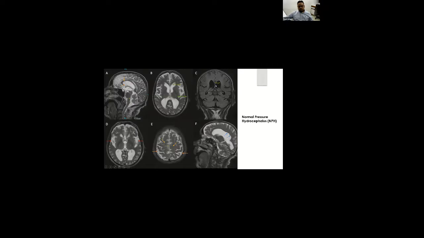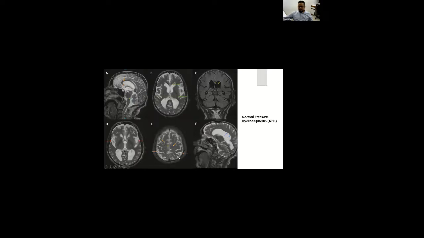Then figure C is depicting the callosal angle. So the callosal angle is narrowed in cases of normal pressure hydrocephalus. Normally it has to be between 100 to 120 degrees. So you can clearly see it's narrowed in this case. Then you can see the widening of the sylvian fissures.